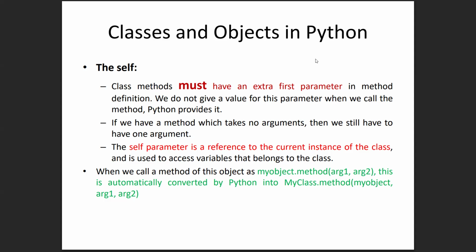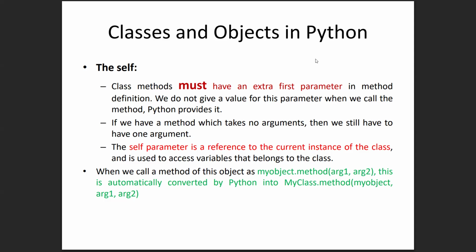So now we will see what is self in the class. Why do we mention self? We will see what is the meaning of self. The class method must have an extra first parameter in the method definition. It means for the class methods, whatever method we are creating for the class, we should have an extra parameter.